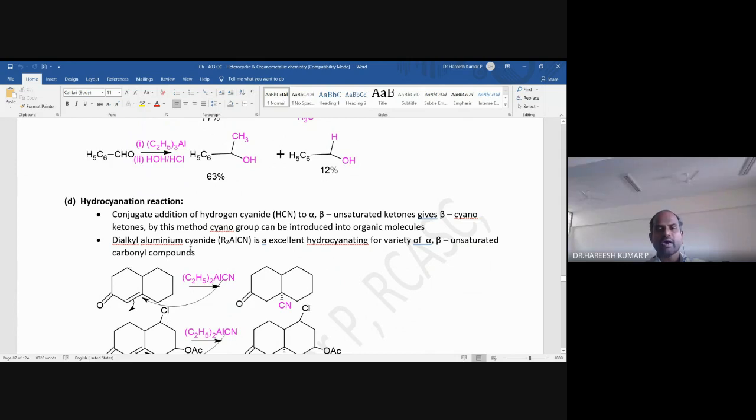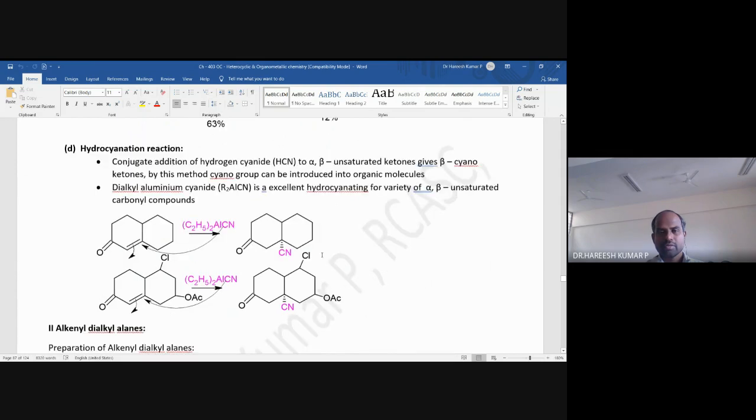Dialkyl aluminum cyanide is the name of this particular compound. Diethyl aluminum cyanide is the name of the reagent which is responsible for the conversion of alpha beta unsaturated carbonyl compound to the beta cyanoketones. This is the alpha position, this is the beta position. Beta cyanoketone is the name of this product.